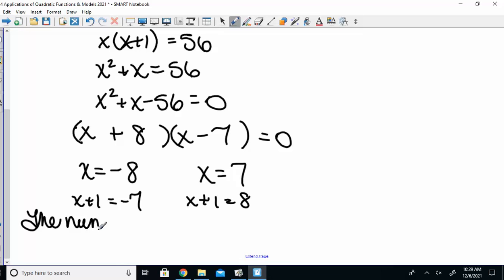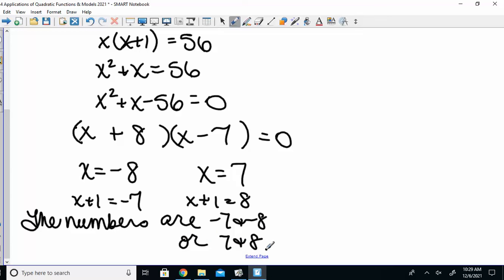So the numbers are either negative 7 and negative 8, or positive 7 and positive 8. Both of those are consecutive. Both sets multiply to 56. I never said they had to be positive numbers, so we have 2 possible solutions to that problem.